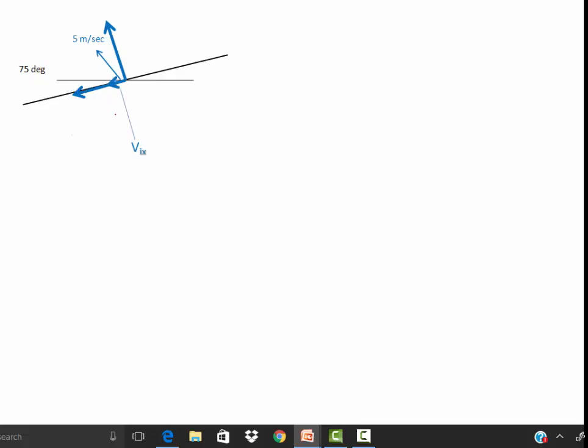So we'll have a 75-degree angle, and to calculate the initial velocity, in the x direction is right here, and in the y direction is right here. And I'm not going to go through the sines and cosines again, but this is the cosine of 75 degrees times the hypotenuse, which is 5, and sine of 75 times 5 meters per second.